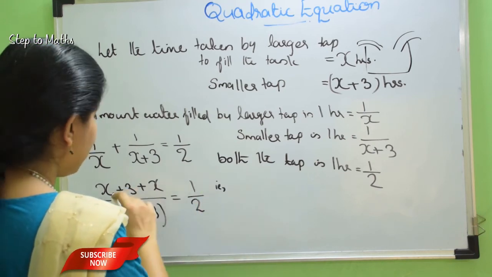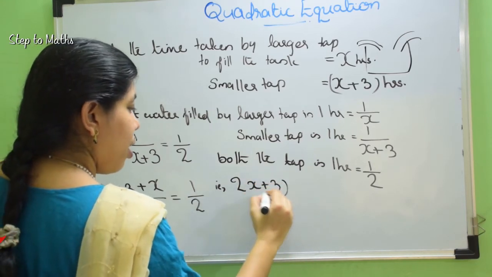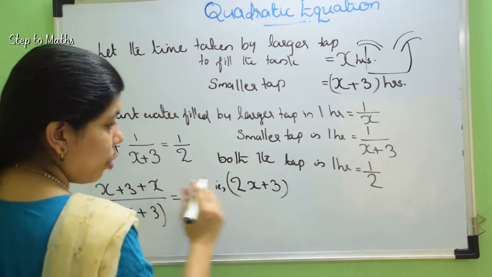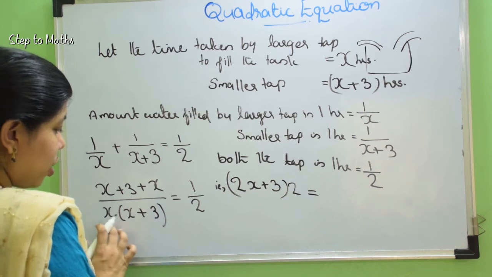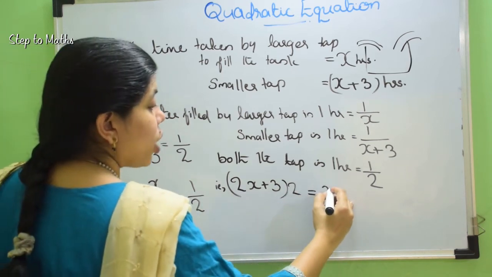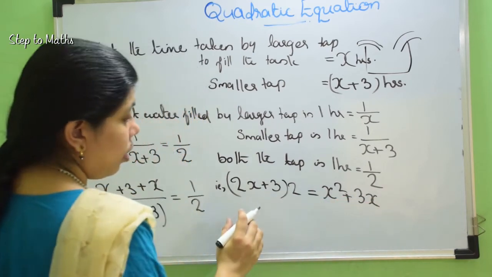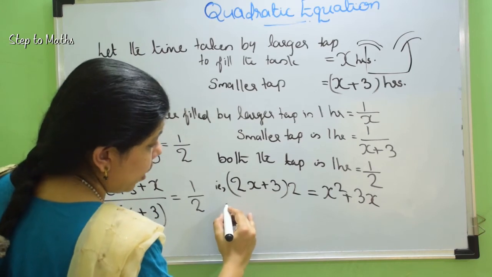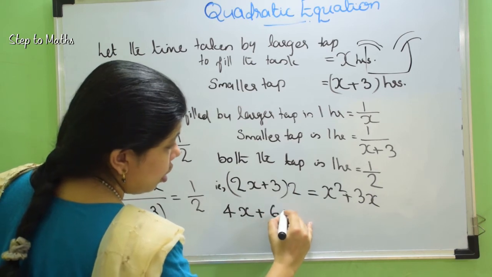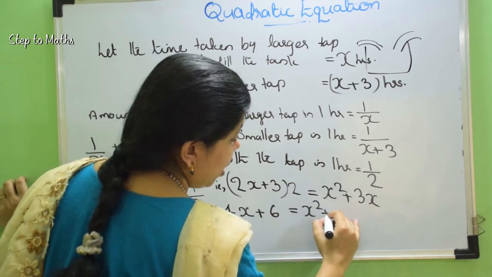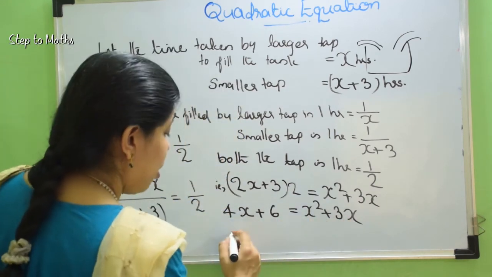That is 2x plus 3, and cross multiplying with 2, equal to x into x plus 3, which becomes x square plus 3x. Now simplify this equation. 2x plus 3 into 2 becomes 4x plus 6, equal to x square plus 3x.